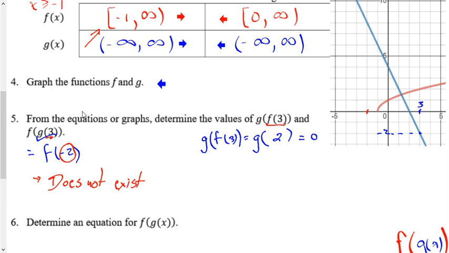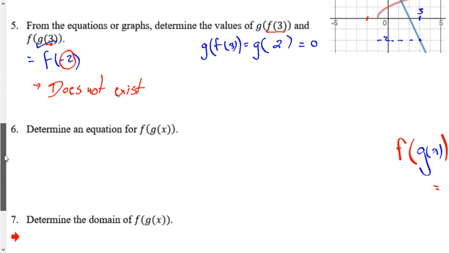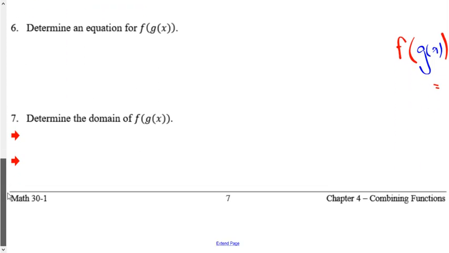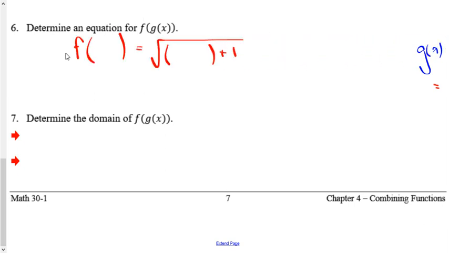Well, let's look at actually building this composition of functions. So here the f of x function was the square root of x plus 1. And you'll remember, as I said the other day in a previous lesson, that that x is really just like a brown paper bag.